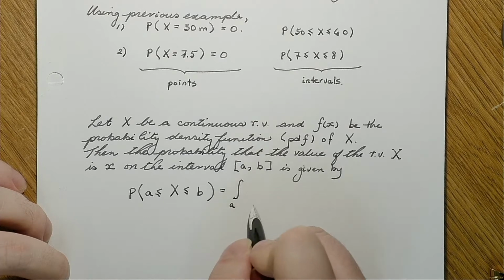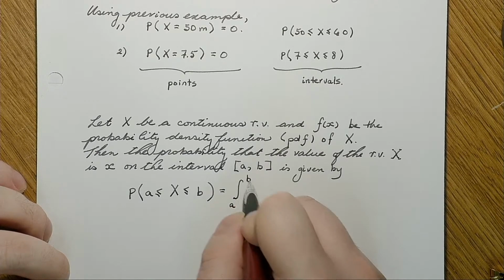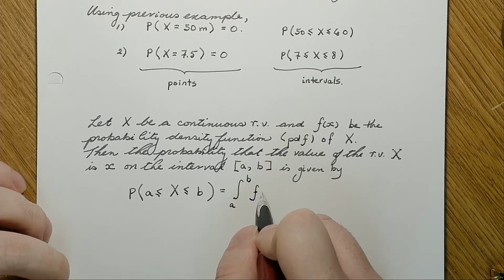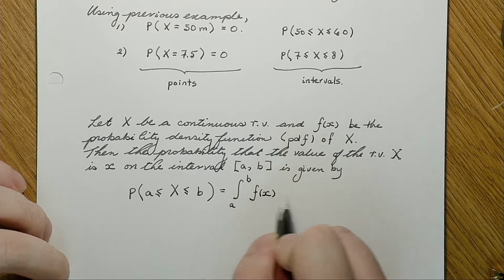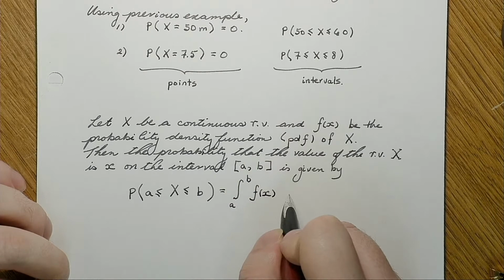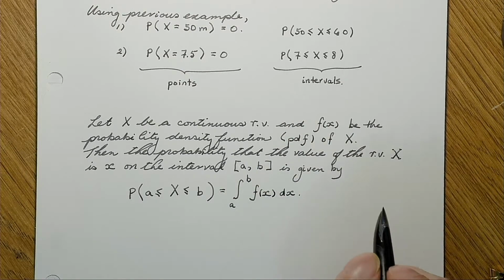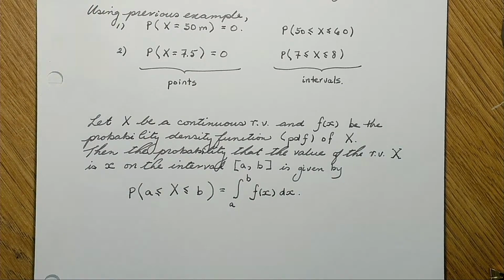So it's the integral from a to b of the probability density function f. And because we're integrating, we need our dx.